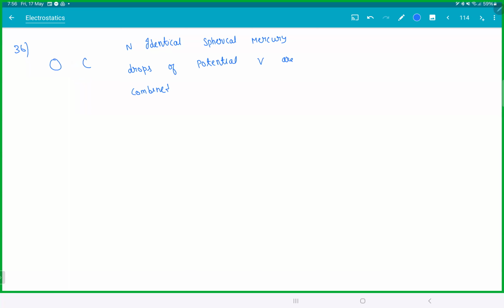So we have n drops, identical ones. Potential is V for all of them. They're all combined to create one big drop. Find the potential of the big drop.